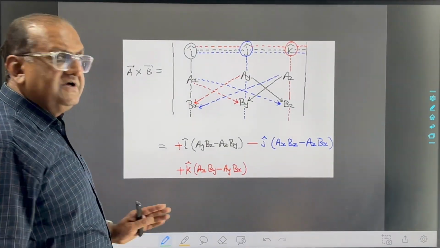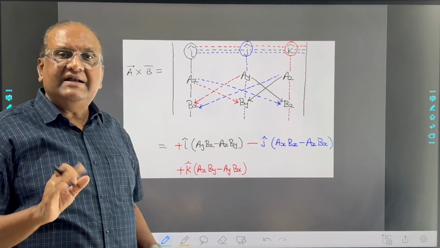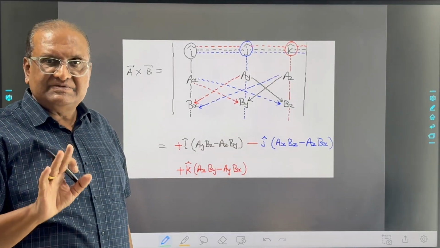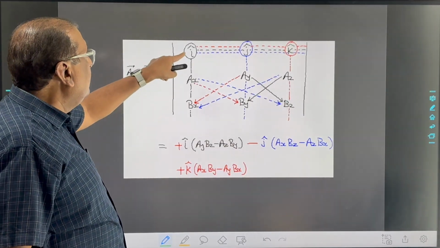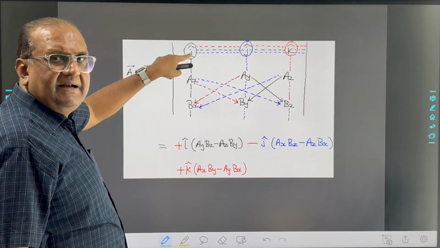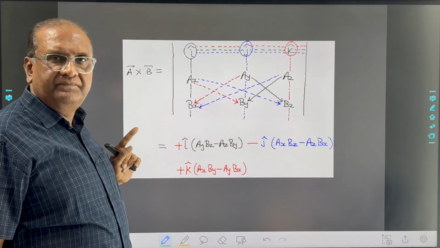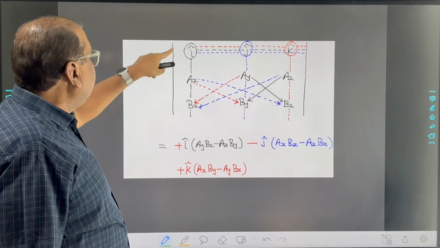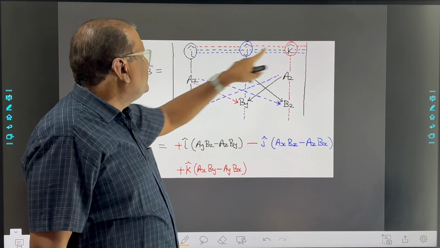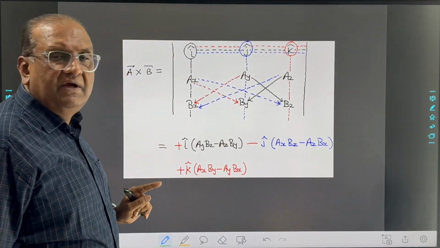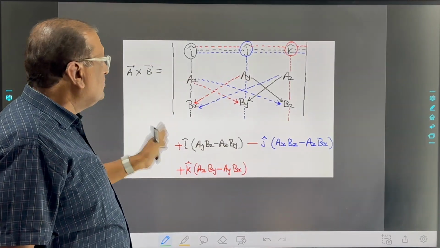Now first forget about the sign. Later on we will discuss the plus minus sign. First think like this. First take this component i caret from the first row and first column. This component appears in the first row and first column, so we have to discard this row and this column.